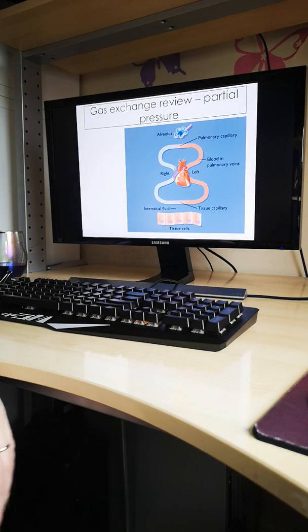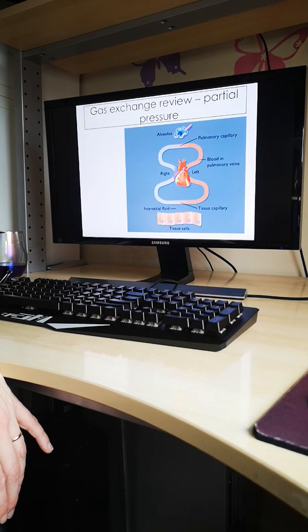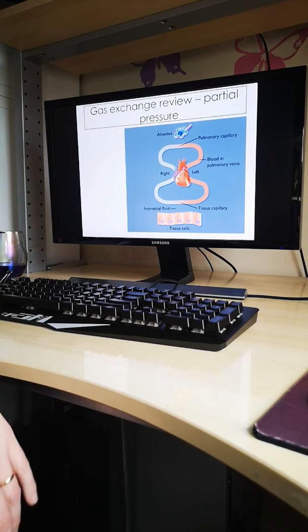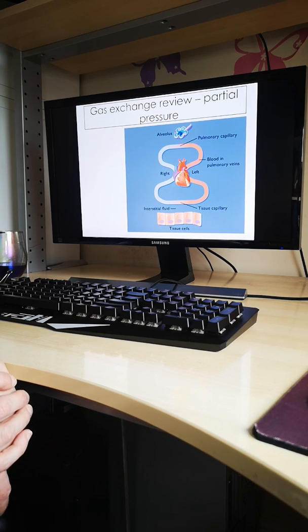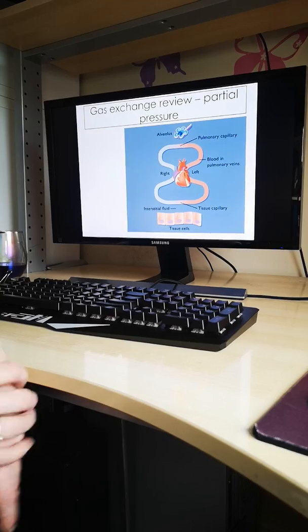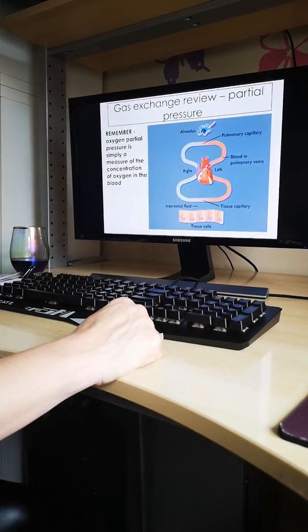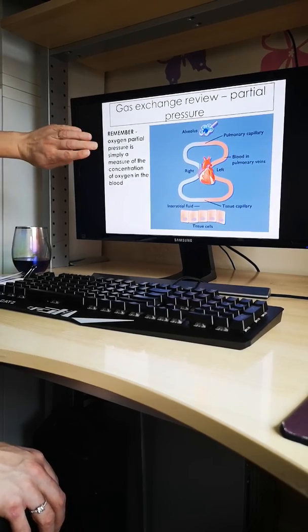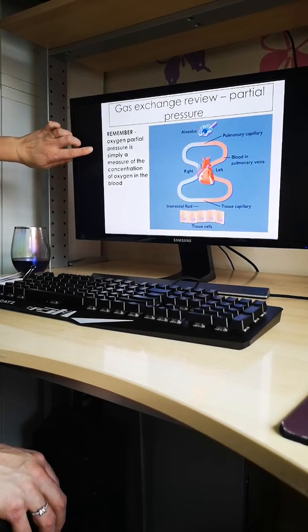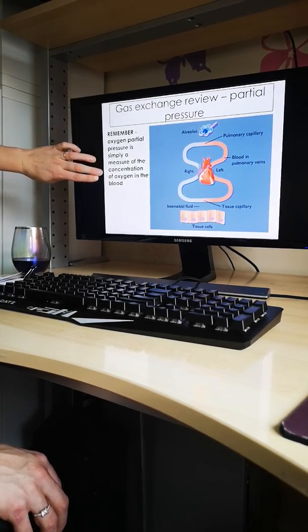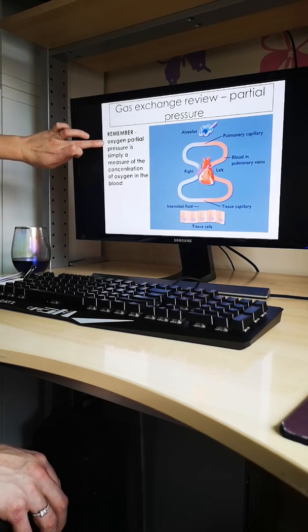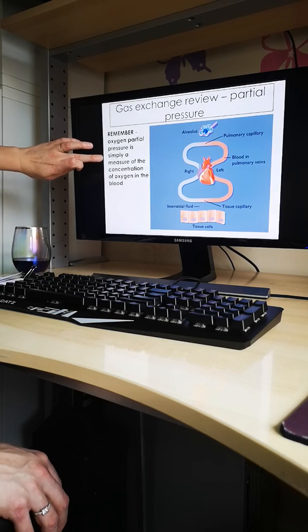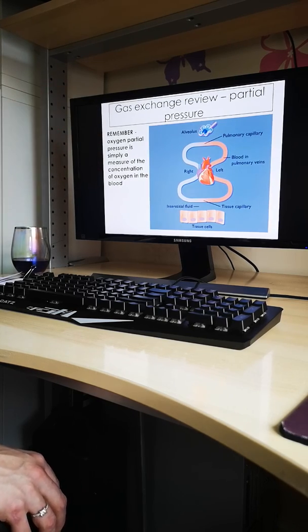So partial pressures, what did we say they meant? We said partial pressures were basically a measure of concentration of a gas in a mixture. So oxygen partial pressure, when we're thinking about the concentration of oxygen in the blood or in the air, is simply a measure of the concentration of oxygen in the blood.